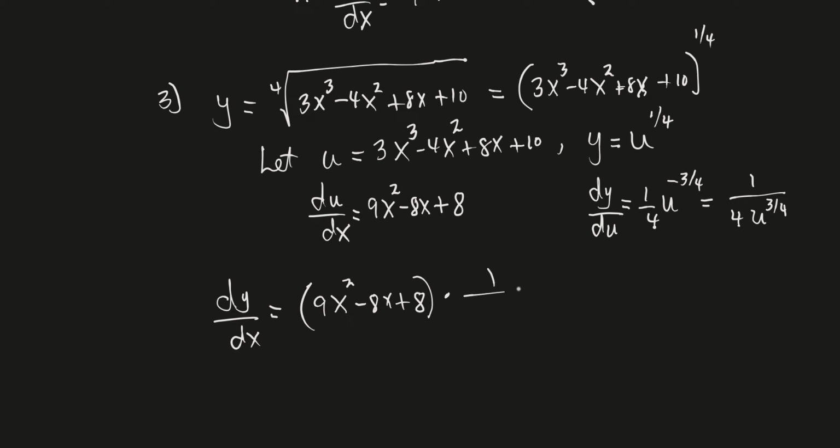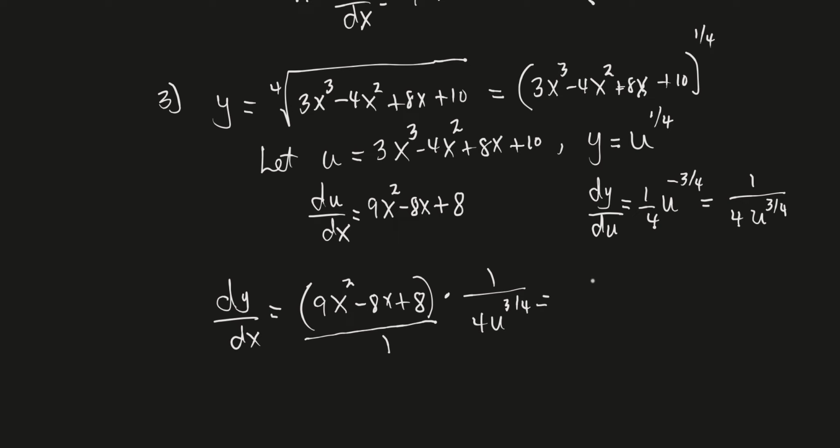So I'll put the 1 over 4u to the 3/4. Now, since I have a fraction here, I'm going to put this over 1, and then I see what happens in the numerator. I multiply these two, and in the denominator, I multiply these two.